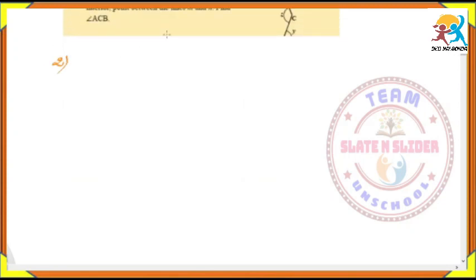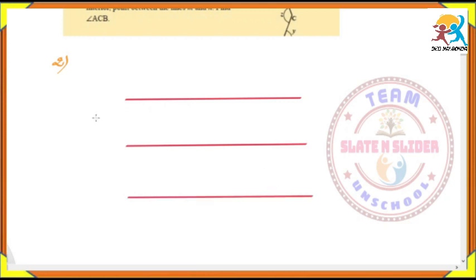We will draw the figure again. This is the first line, this is the second line, this is the third line, and these three lines are intersected by one more line. Let me draw the arrow marks.